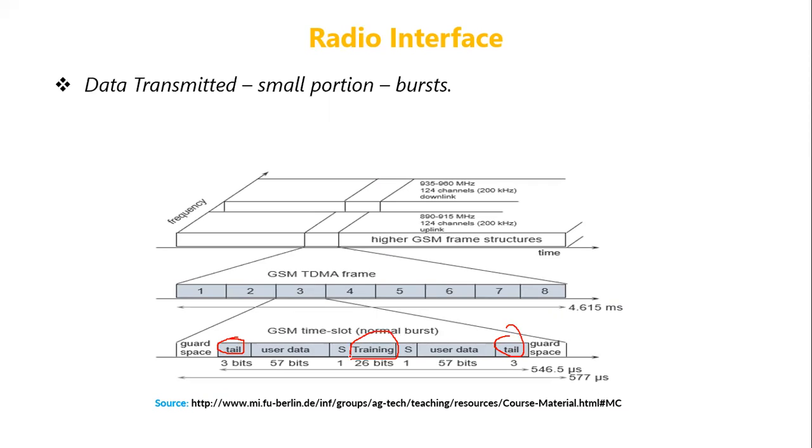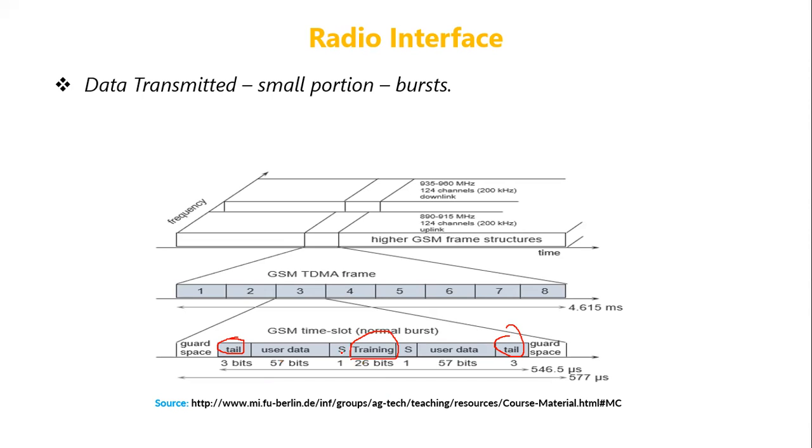When the signal goes through multi-path propagation, the receiver will receive the signal from different paths. Out of that, the receiver should identify which is the best path, and that path only the receiver should take. That is done by the training sequence. The training sequence ensures that the receiver adapts to the correct parameters based on path propagation characteristics, and it selects the strongest signal in case of multi-path propagation.